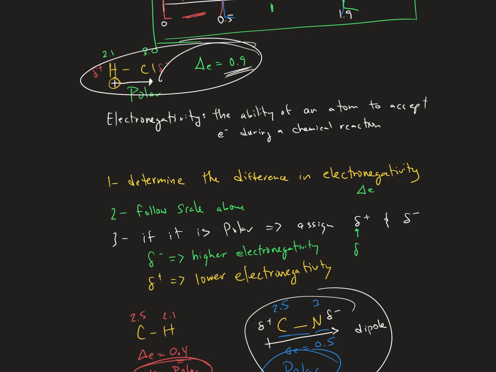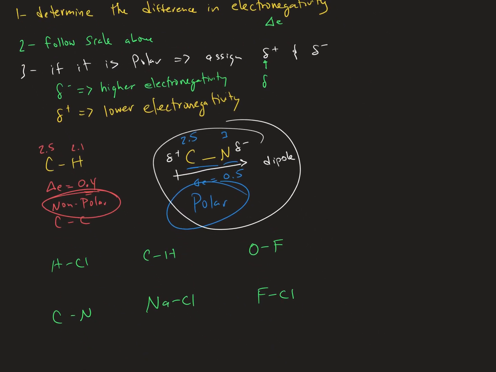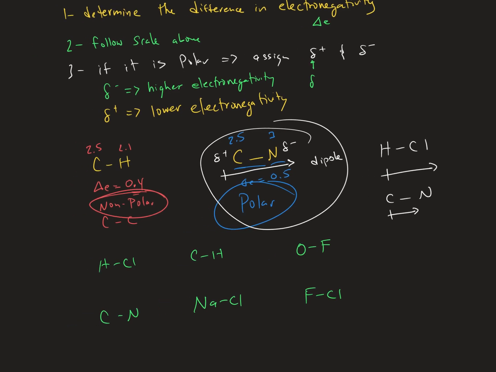That's it. So if we were to draw these, the HCl bond would have a dipole like this, and the CN bond would just have a smaller dipole. We draw the length of that arrow to represent that strength and polarity. Good?